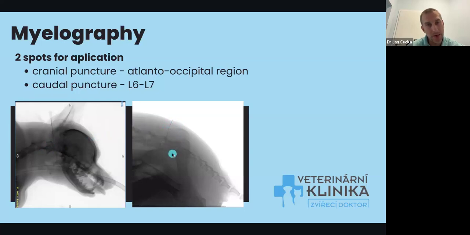On the second picture on the right, there is caudal puncture. For me, it's much easier and much safer, but you are not always allowed to do just caudal puncture. Sometimes it's necessary to combine a cranial and caudal puncture. For the caudal, it's much easier and safer, because in this region, there is no normal spinal cord.